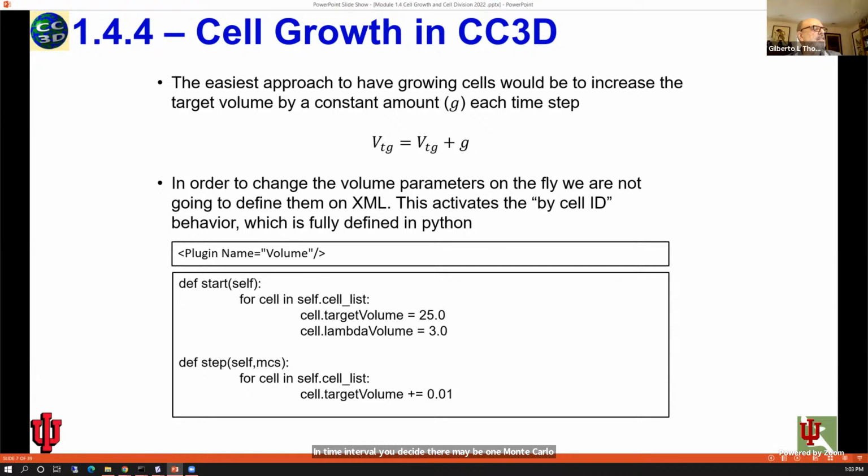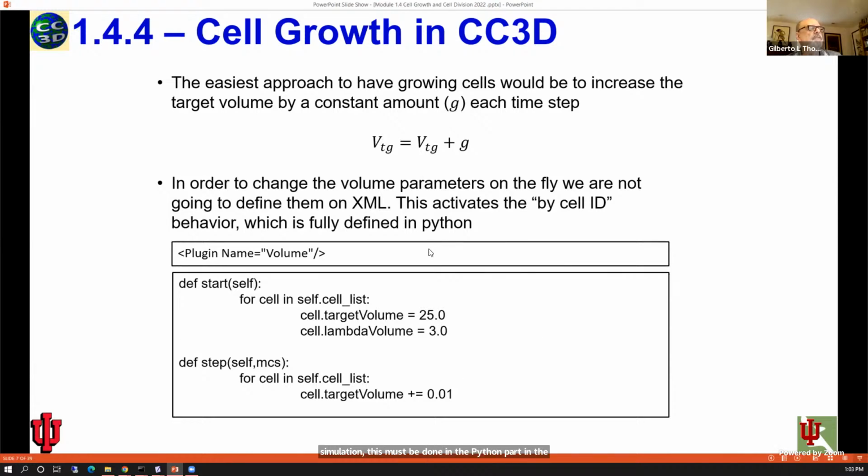This is done in the steppable file. The volume plugin is loaded in the XML file, but since you have to change parameters during the simulation, this must be done in the Python part, in the steppable file. And this is very easy.